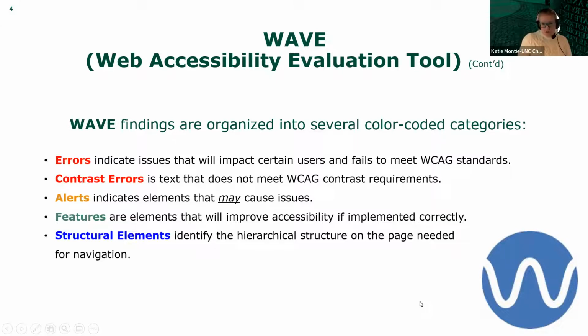There'll be alerts that indicate elements that may cause issues, and that's why it's that yellow warning kind of color. It has features, which are elements that will improve the accessibility of your page if implemented correctly. And then it'll talk about structural elements, which is another session that we have as well, which is how to develop a structure on your page that works best for people who are blind and use screen reader software, and for other users as well, just to appropriately navigate the page.